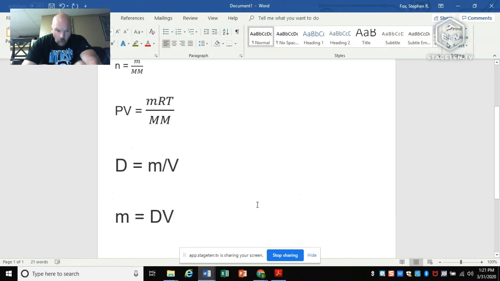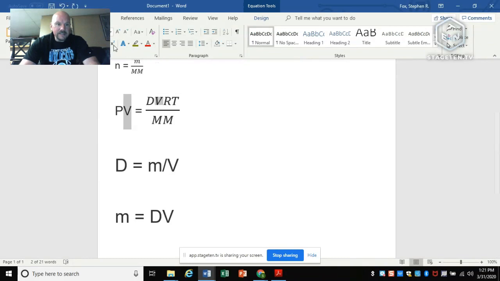Well, if that's what lowercase m equals, mass equals density times volume, I could plug in density times volume in for m in that equation. So what I could do is come back up to this equation here, and I could say dVRT over molar mass. Well, then we have something interesting, right? We have volume show up on the numerator of each side of the equal sign. Well, what does that mean? That means it cancels out, right?